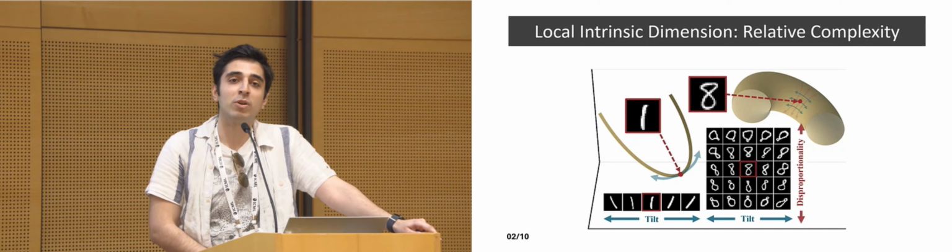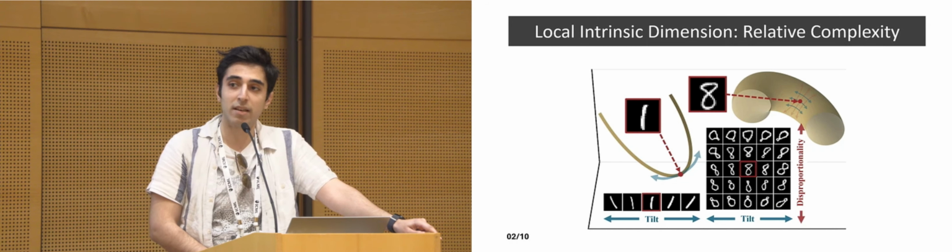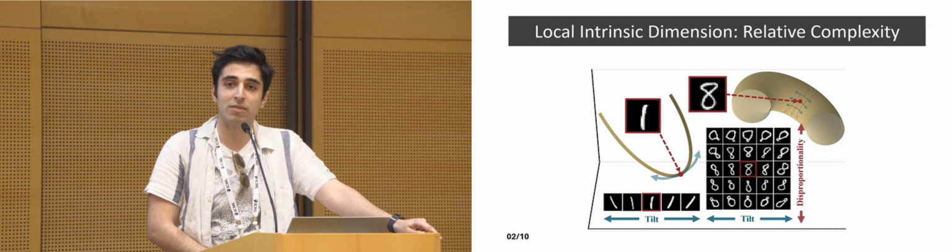We roughly interpret LID of X as the number of factors of variation. And so if you have more factors of variation, you have more complex data. Here on the left-hand side, we have digits 1 that have a single factor of variation, tilt, and have an intrinsic dimension of 1. Whereas with 8, which we believe intuitively is more complex, we have more factors of variation. Here, for example, we have disproportionality as well.